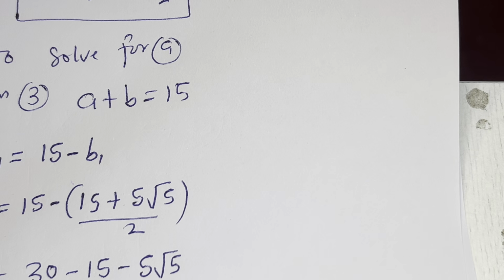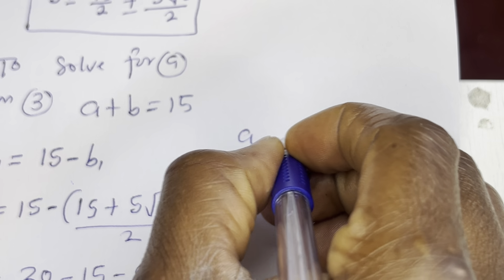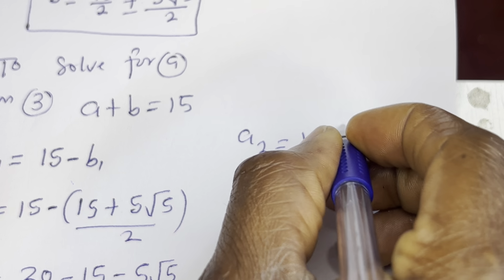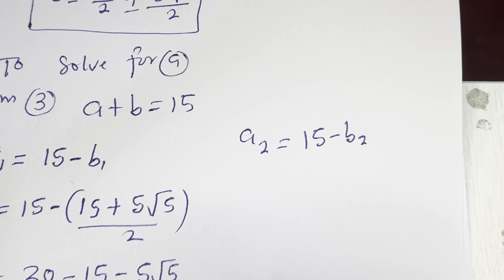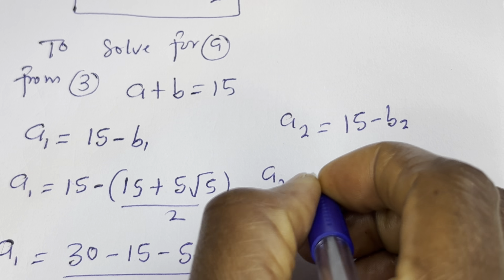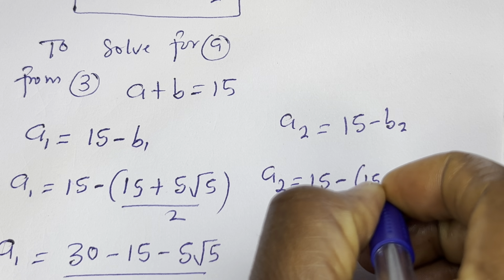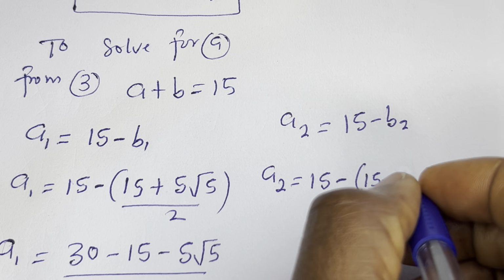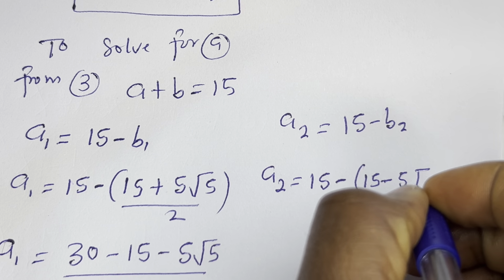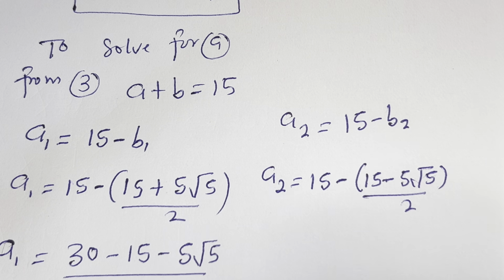Also a2. a2 is equal to 15 minus b2. Then a2 is equal to 15 minus 15 minus 5 root 5 over 2.